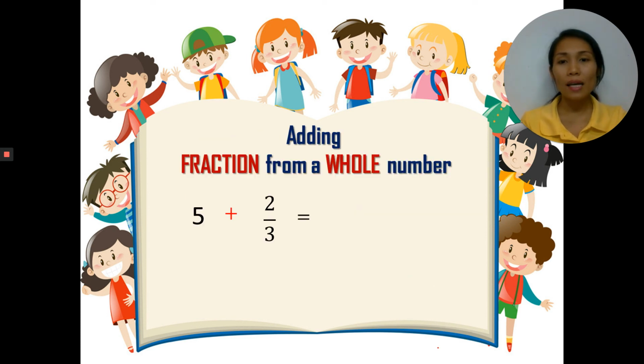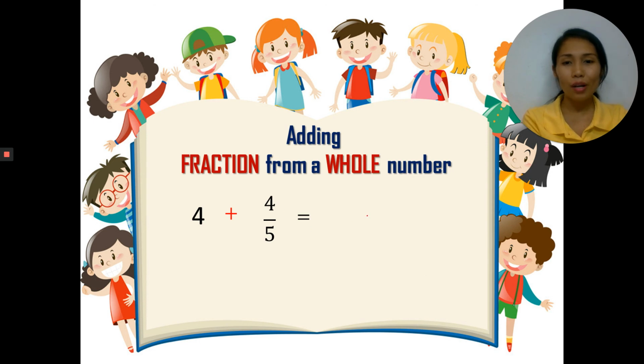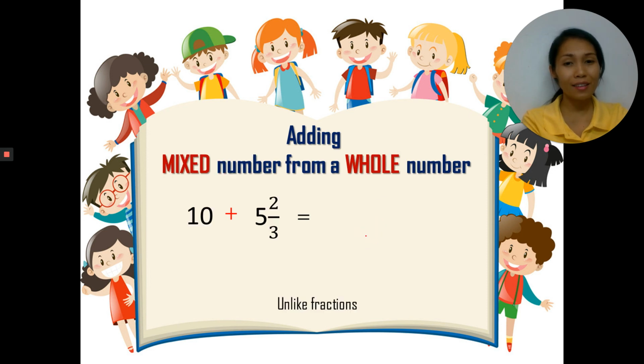So let's try adding a fraction to a whole. Of course, since this is a whole number, you just add it right away with the fraction. 5 plus 2/3 equals 5 and 2/3. Easy. Okay, 4 and 4/5. Easy, right?